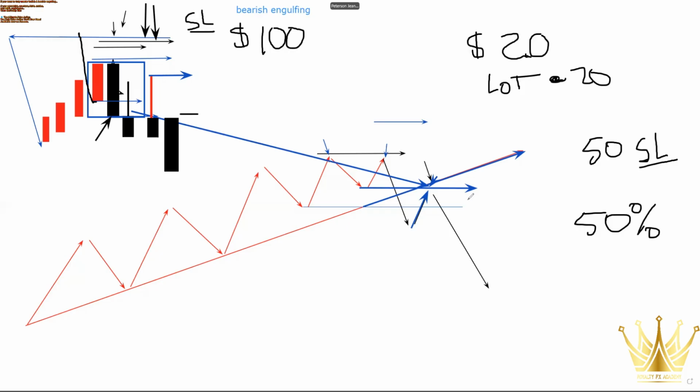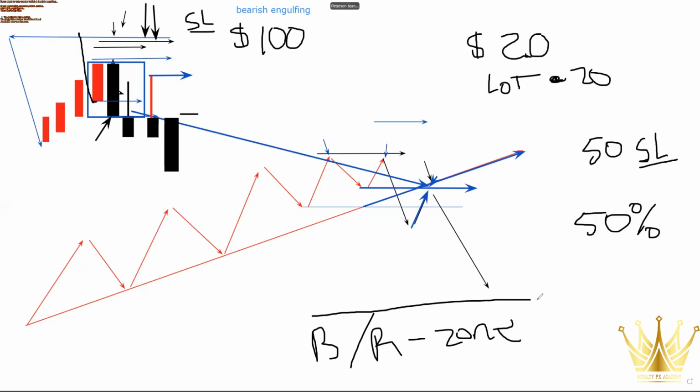And you could literally document everything before you take your trade, so you have your trade journal. Okay, so we have a break and retest of a zone. Then we have a break and retest of a trend line. Let me back up a little bit.